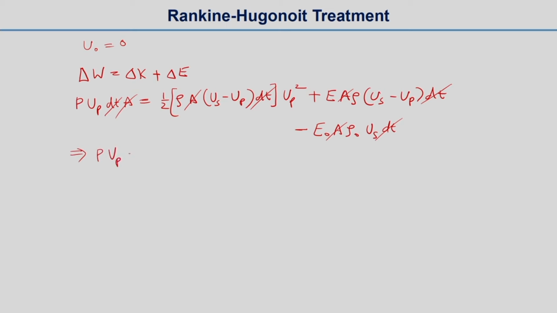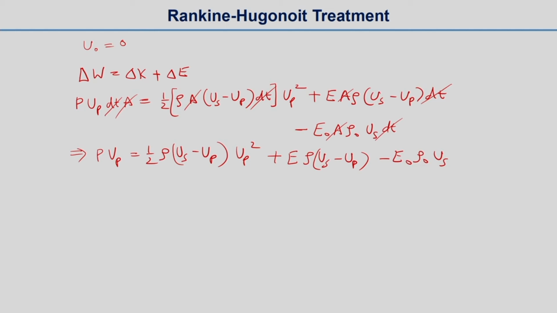So finally this will look like: half rho (Us minus up) up squared, plus E rho (Us minus up), minus E naught rho naught Us.